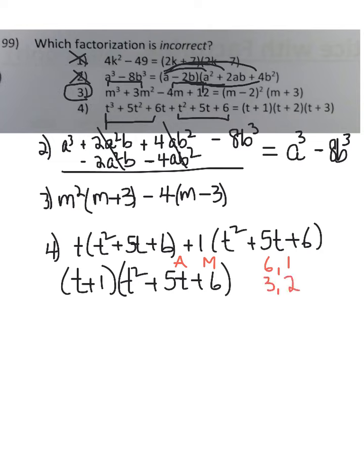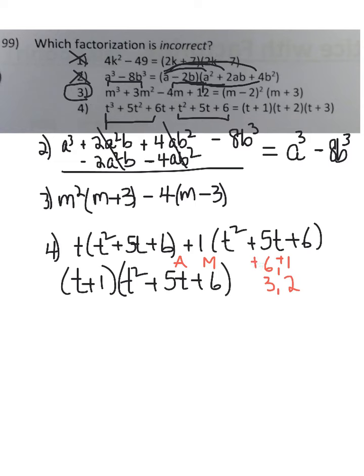Now let's follow the trick on this one, because this can be a little tricky. Our last sign is positive, which means these have to be the same sign, and this tells you what they're both going to be. If I put a plus and a plus here, when I add, would I get 5? No, I would get 7.